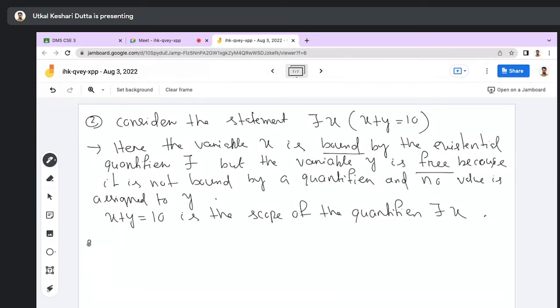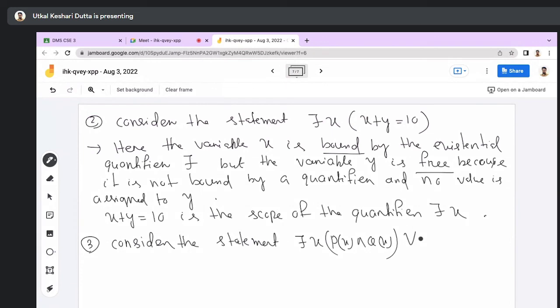Okay, in this example, you will solve it yourselves. Consider the given statement: there exists x, p of x and q of x, disjunction for all x r of x.